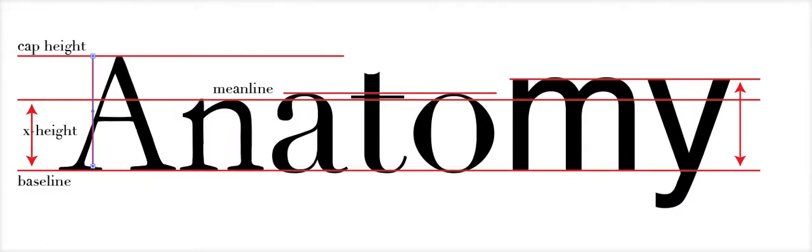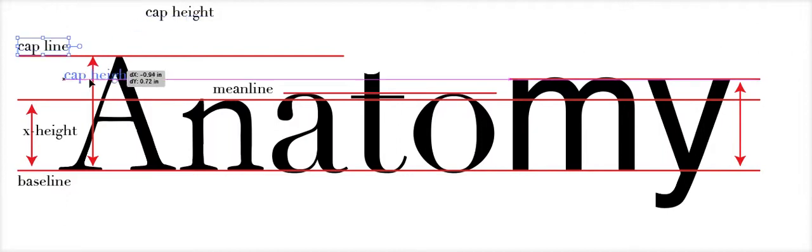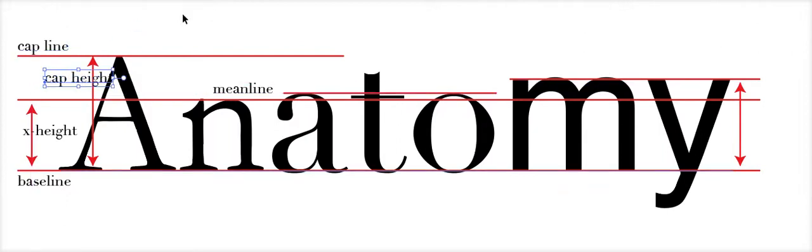In typography it's the X height that actually helps us with the measurements of our typefaces. That's what we look to, more so than the cap height. But it's good to know that this is the cap line, my apologies, and this is where the arrow is, the cap height.